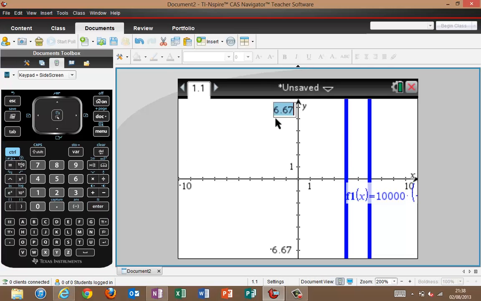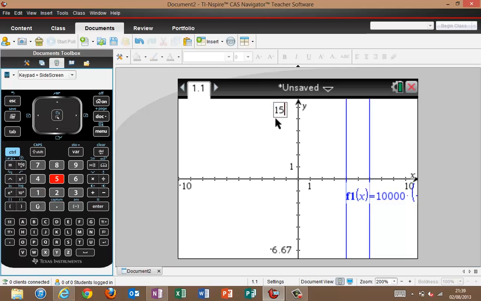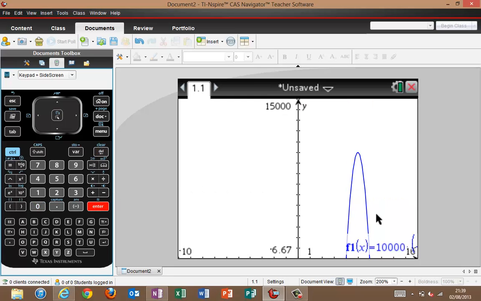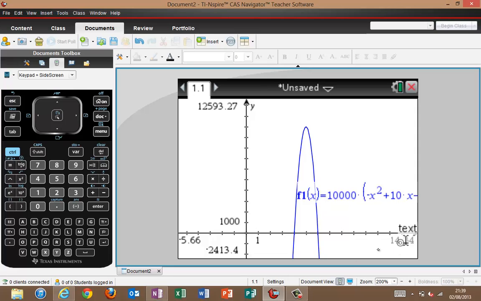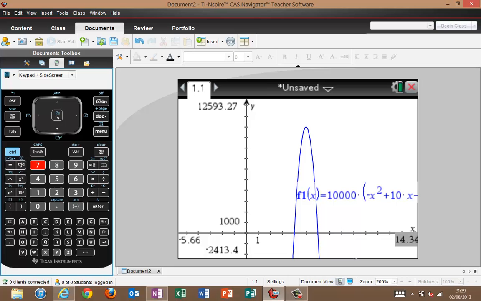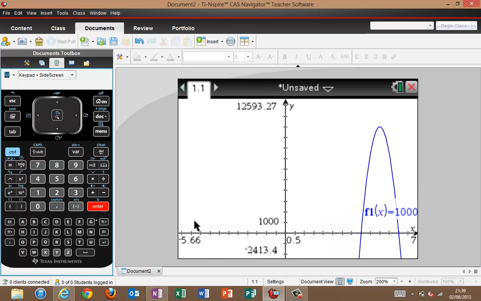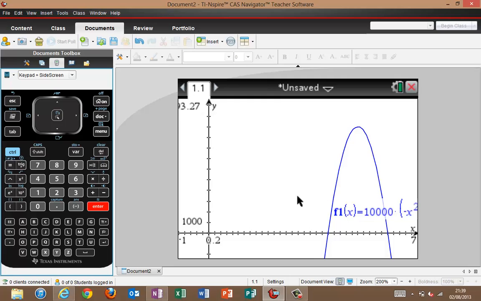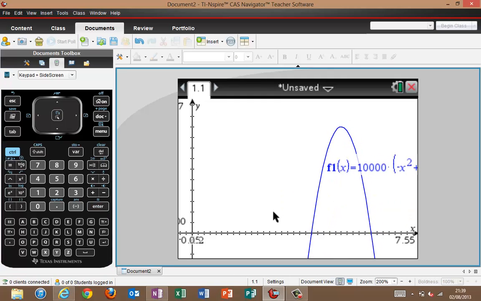Then I'm going to reset my scale to go up to, let's do 15,000, and reset my x max to maybe 7. And my y min, let's make like a negative 1. Okay, that's good enough.